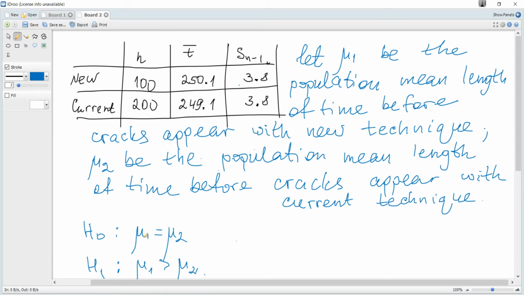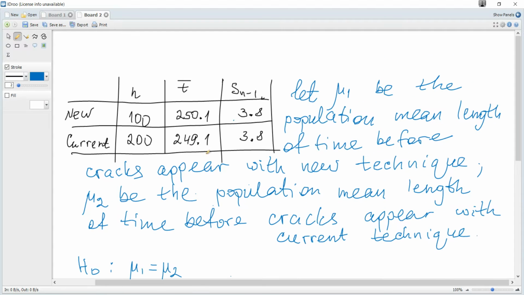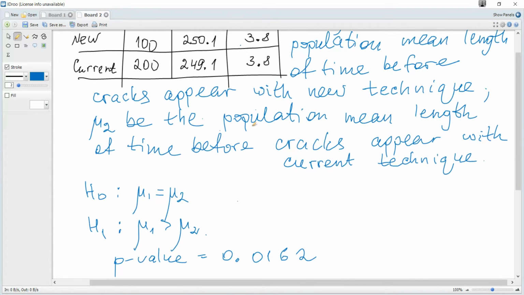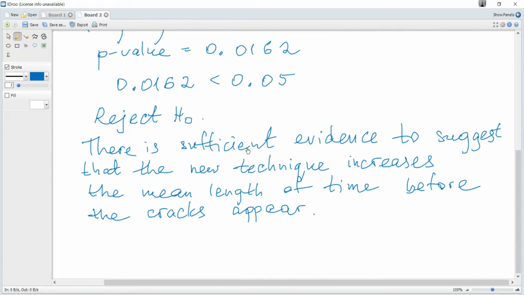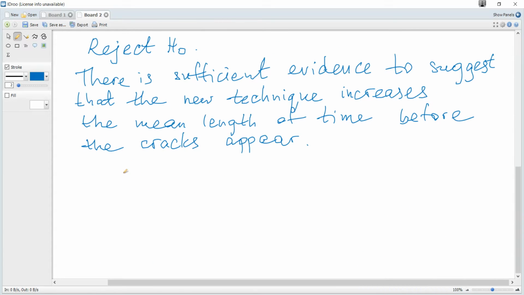Or, according to the test, we compare the difference, which is approximately only 1 over 250, which is not a significant difference, something like that. Or I'll just rewrite what is given in the mark scheme. So the minimum time, not mean time, before cracks appear should be considered given the context.